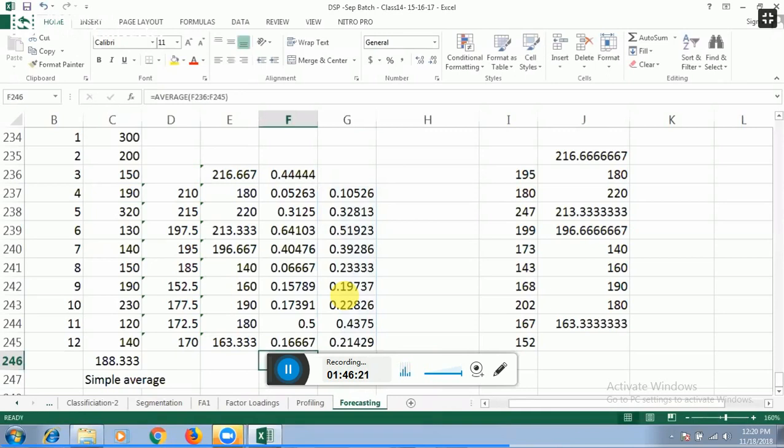Probably this one is giving less error, so we will choose moving average of 3 instead of moving average of 4.